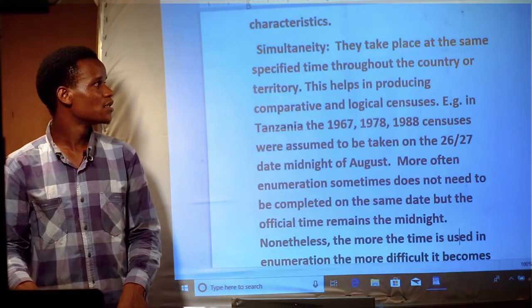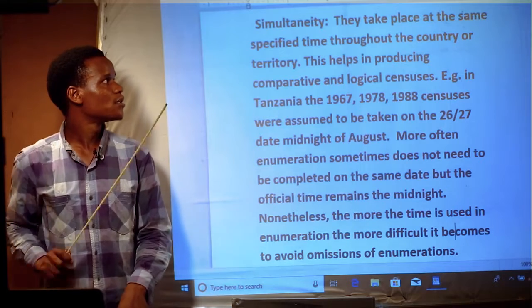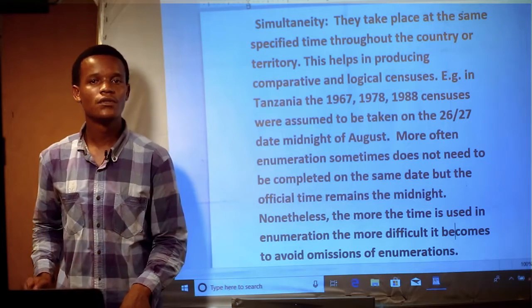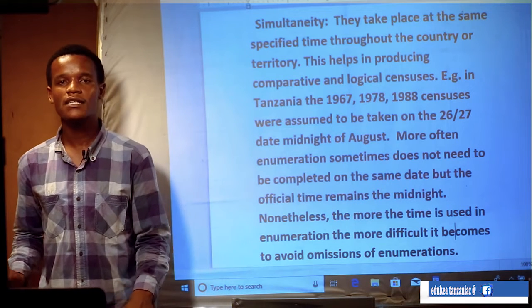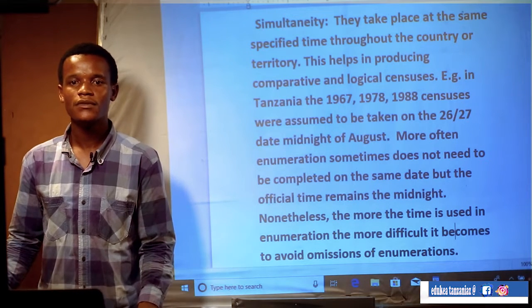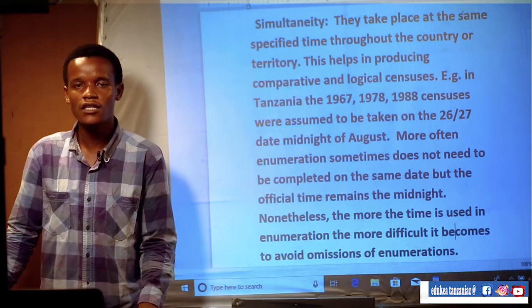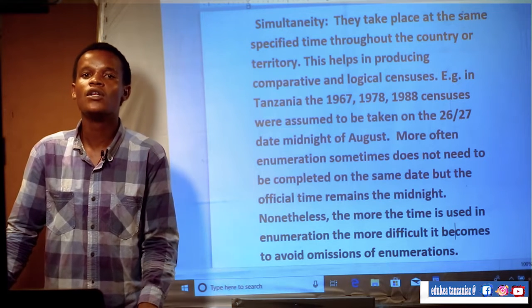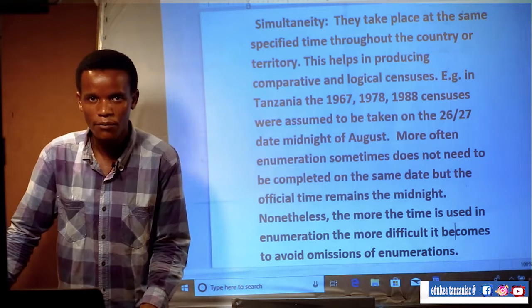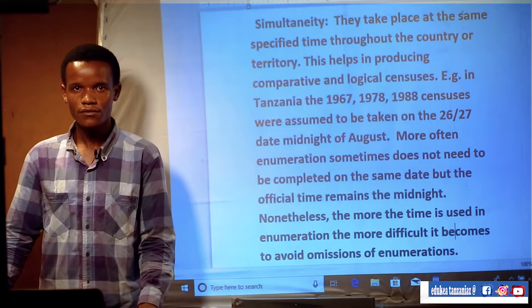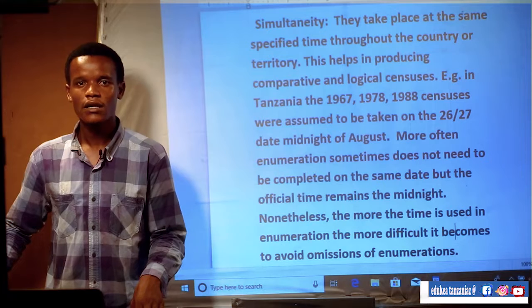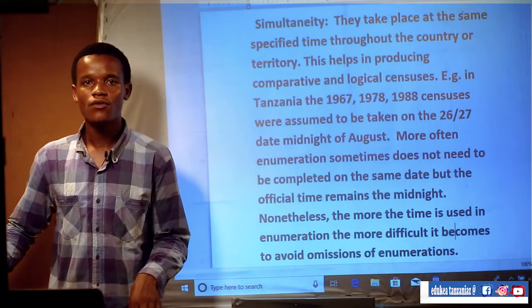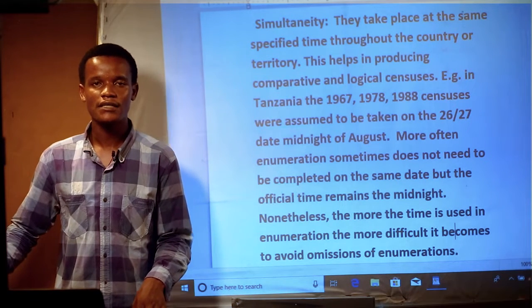Another point is simultaneity. When we say simultaneity, it means at the same time. Census is conducted at the same time. For example, in Tanzania, if the census is conducted in the whole country, all regions with their people will be counted. That means the census will pass through all regions and the people will be counted at the same time.